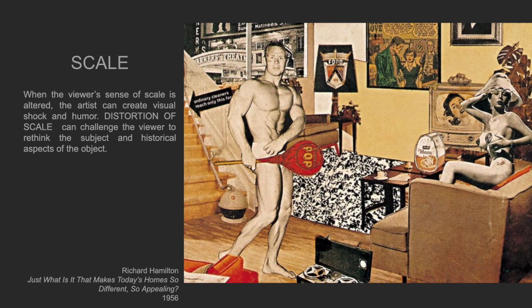So in this living room, you have a bodybuilder holding a Tootsie Roll Pop and a giant canned ham on a table, and I guess this bodybuilder's wife, who is scantily dressed and wearing a lampshade, I suppose. This is funny because there are things that are just out of scale.